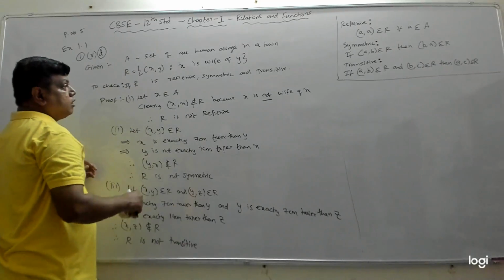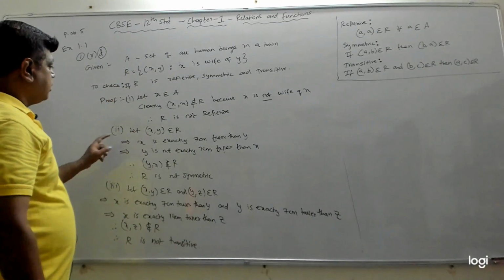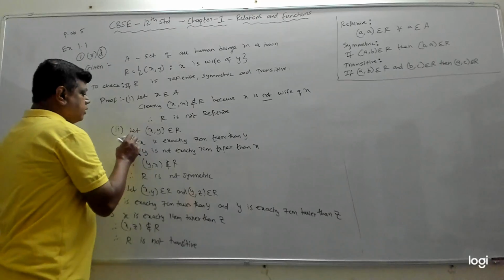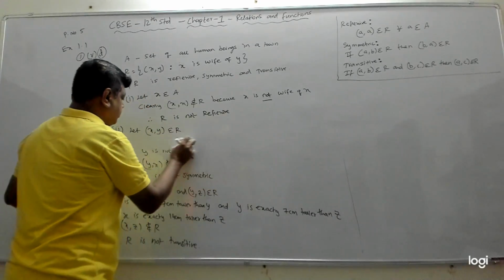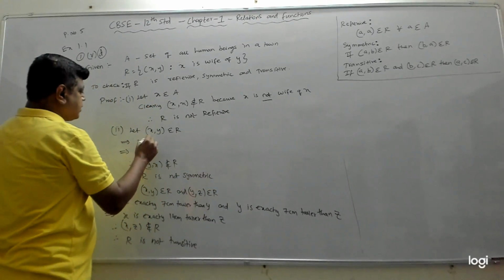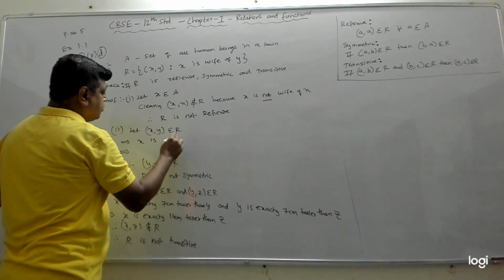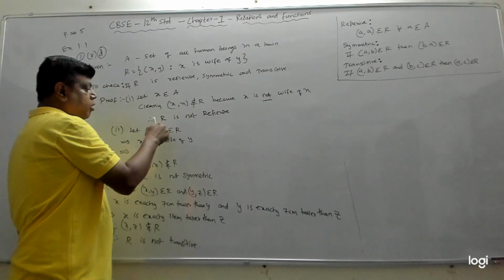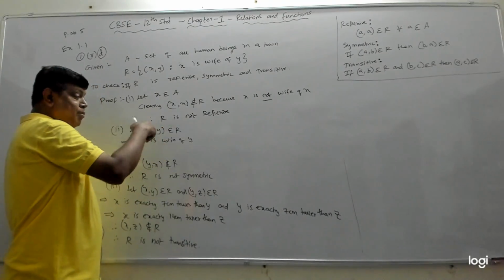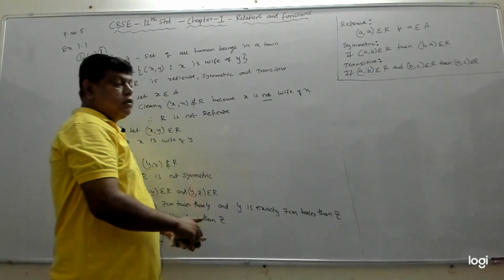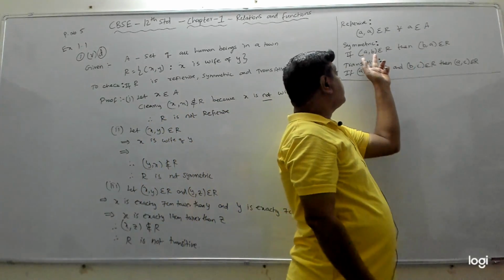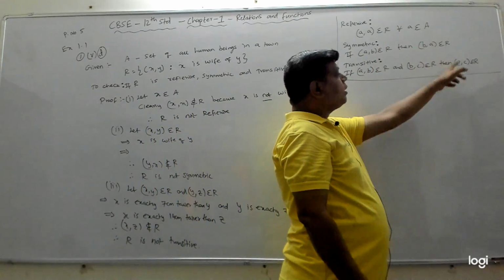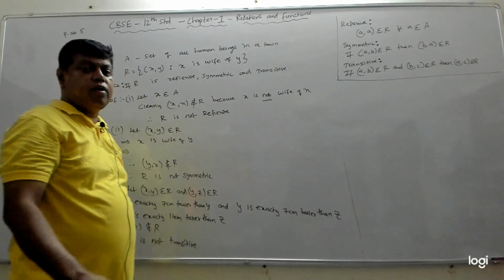Then for symmetric, let X comma Y belongs to R. Then this implies X is wife of Y, because X comma Y belongs to R. Now we should check whether Y comma X belongs to R. For symmetric, if A comma B belongs to R, then B comma A, the reverse, should be in R. Then we call that symmetric.